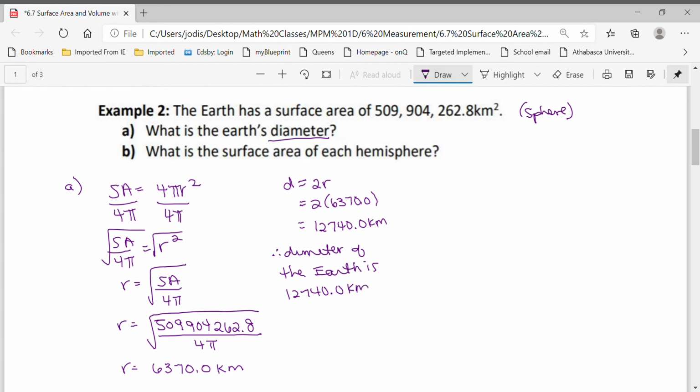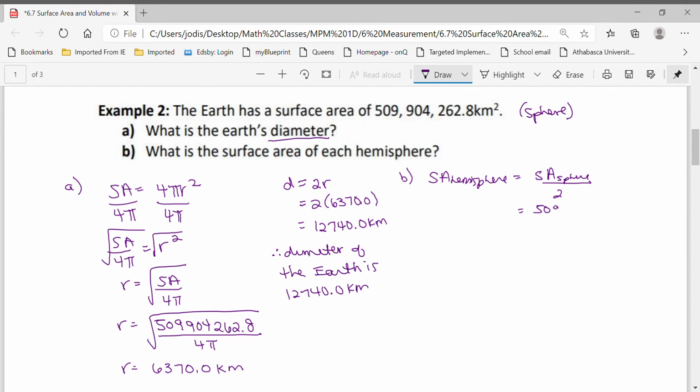12,740.0 kilometers. Okay, and then part B wants us to know what the surface area of each hemisphere is. Well, surface area of a hemisphere is just a regular surface area of a sphere divided by 2.